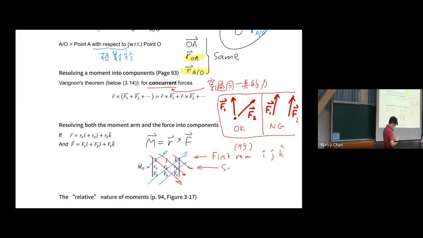The second row is R, and the third row is F. Sometimes students would mix them up and put F and R. And remember, we have IJK and then R and then F, because M equals R cross F. If you always write the determinant this way, usually you'll be fine.